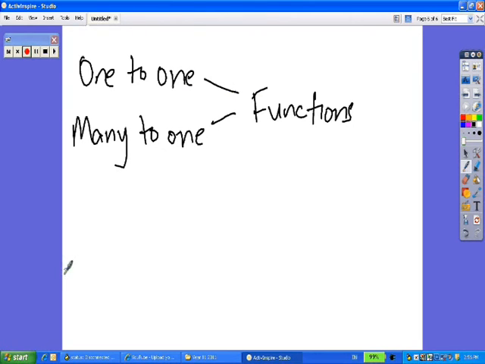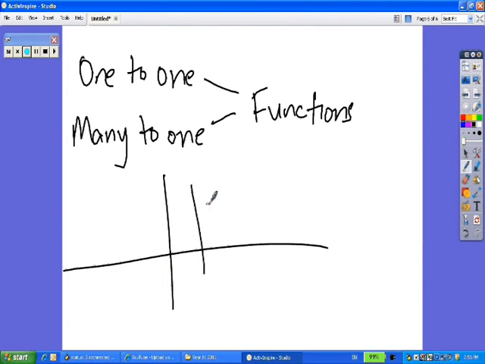Okay? The easiest way to check for a function on a graph is to do the vertical line test. And what that means is that, just as we just said, there can be only one value of y for every value of x. That means you draw a vertical line through the function to see, and if this was my function, obviously this would be a function because it's a line, but my vertical line only intersects once.